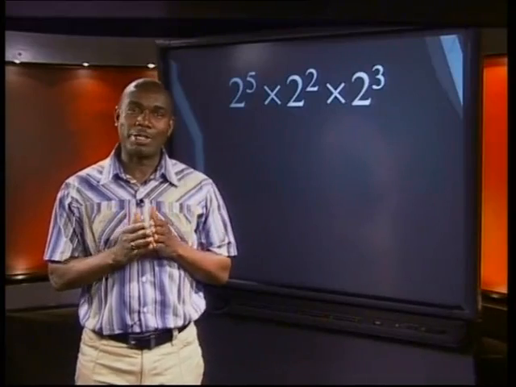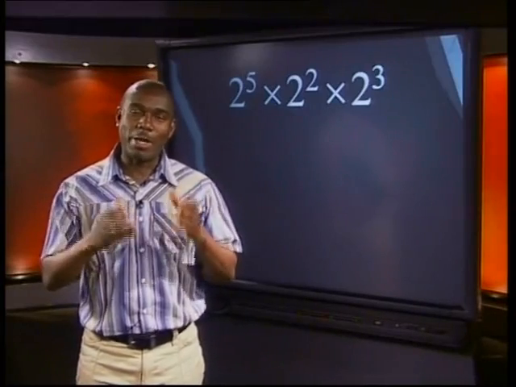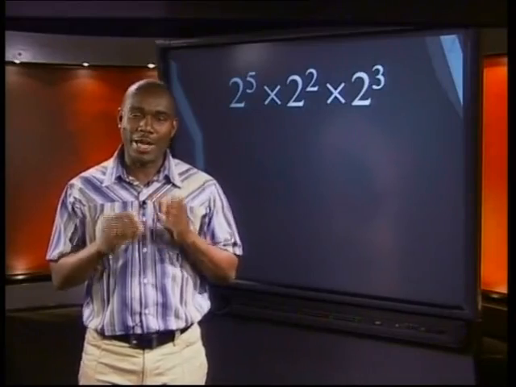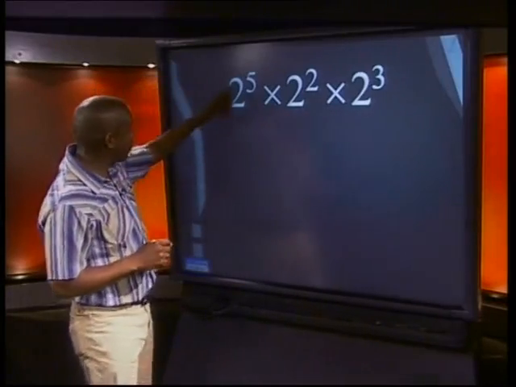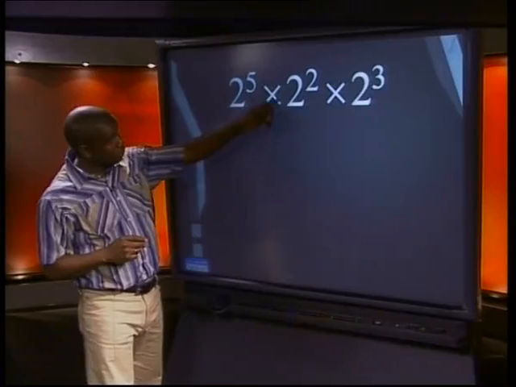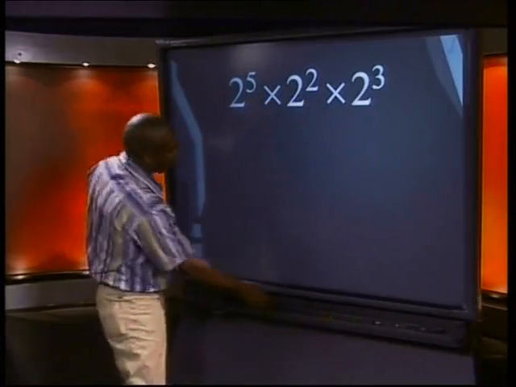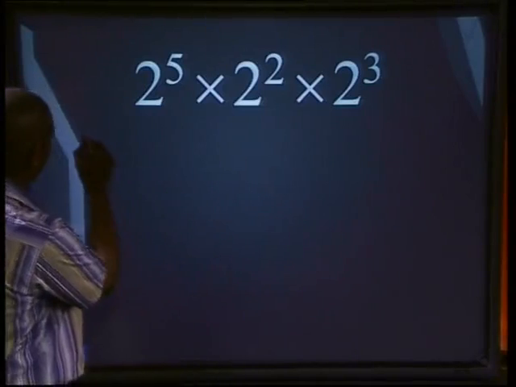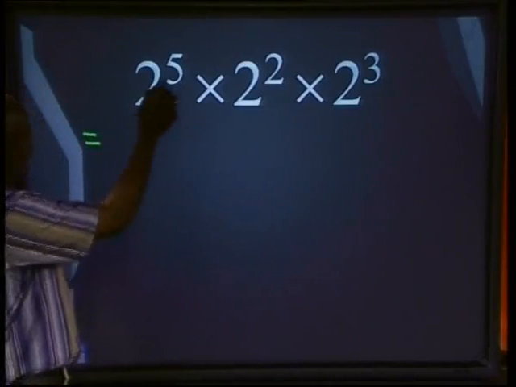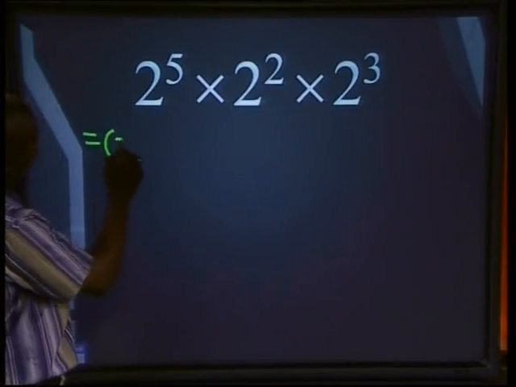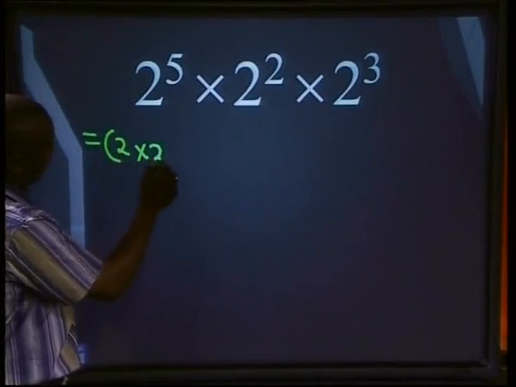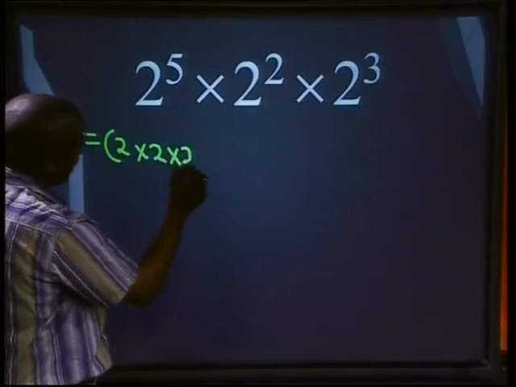Now, let's look at multiplying. How can we multiply powers together? How would you find the answer to 2 to the power 5 multiplied by 2 to the power 2 multiplied by 2 to the power of 3? Let's see. Remember, 2 to the power 5 means that we have 2 multiplying itself 5 times.